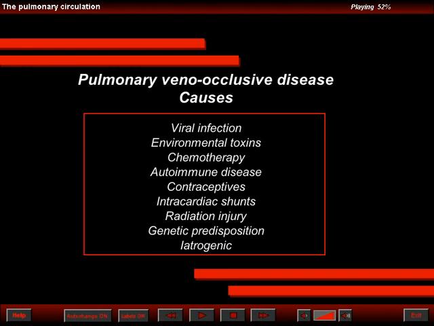We must also include iatrogenic causes like following a Glenn procedure or anastomosis of the superior vena cava to the right pulmonary artery. Any instrumentation that occurs in the mediastinum can lead to occlusion of the pulmonary veins. A number of hypercoagulable states has to be included also in this list.